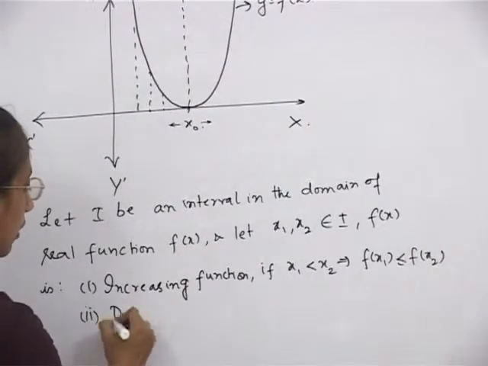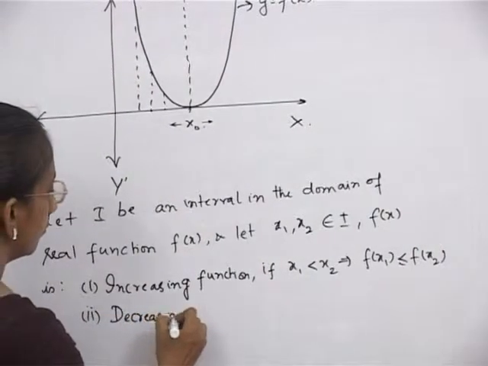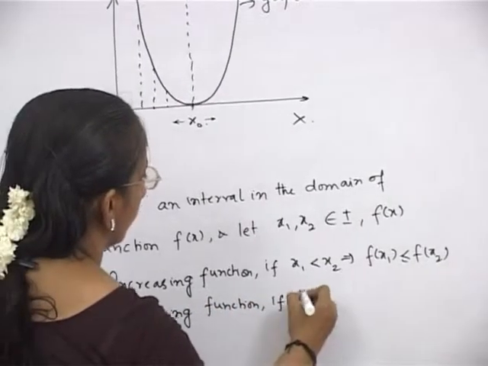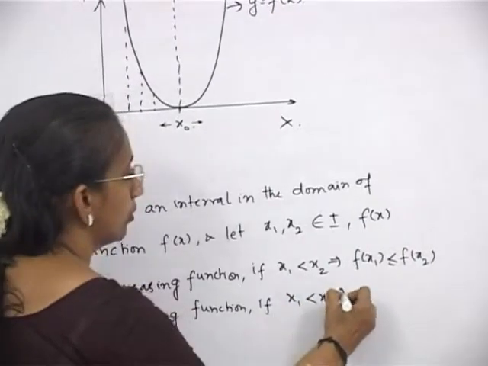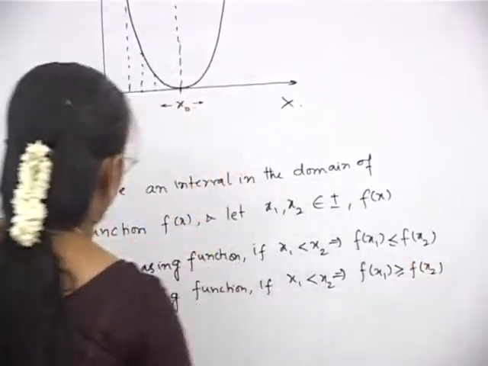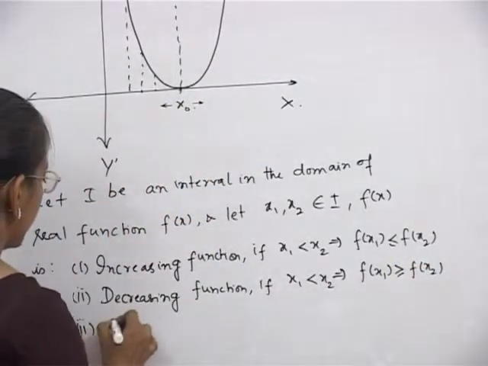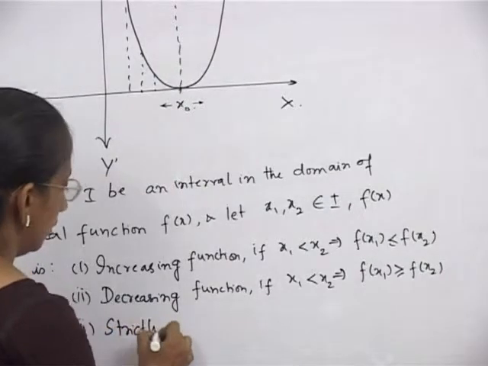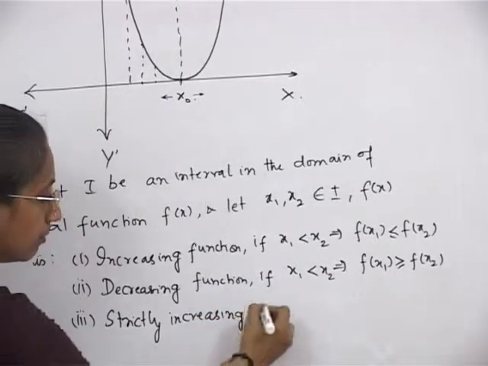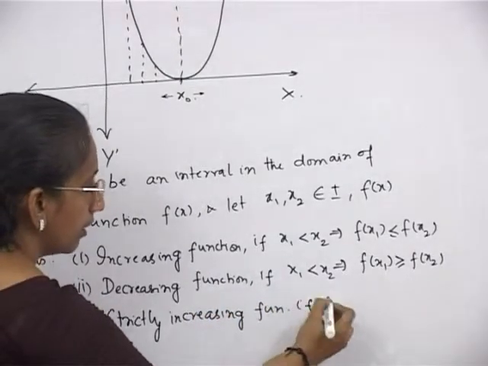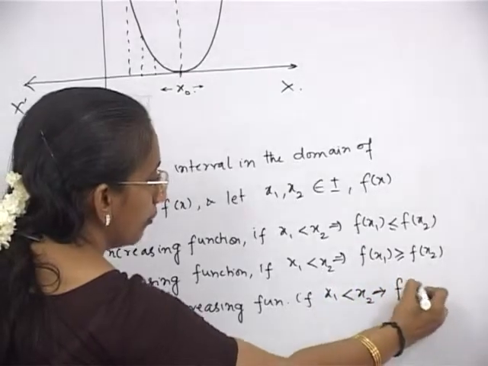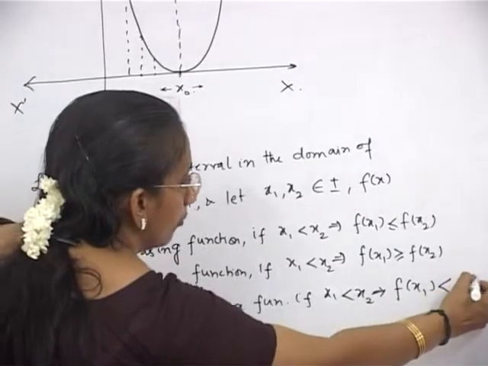Now it will be called a decreasing function if x1 less than x2 implies f of x1 is greater than or equal to f of x2. Now it's going to be a strictly increasing function if x1 less than x2 implies f of x1 is less than f of x2.